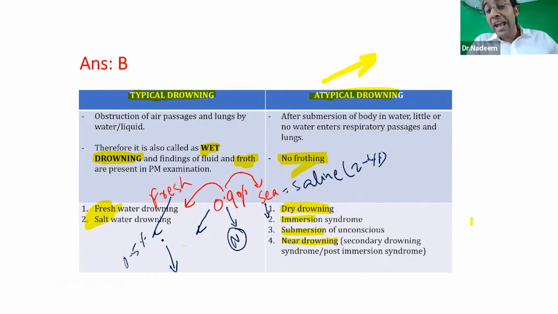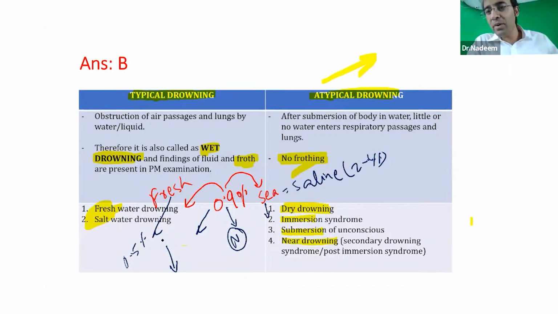Now, if there was drowning in sea water, which is hypertonic, you tell me, in sea water there will be a flow of salt from human to sea or sea water to human. Obviously, sea water to that person, right?